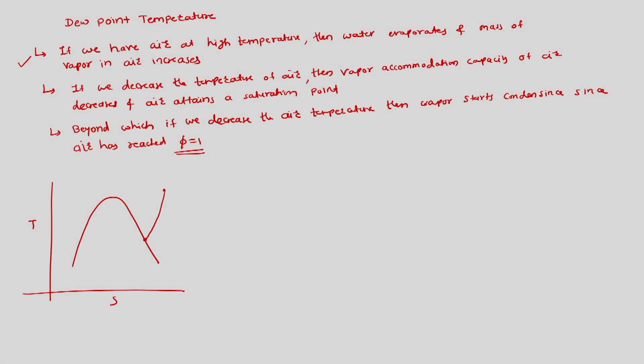And then we reach a state where we reach the saturation vapor point of that pressure. So that saturation vapor point would give us the saturation temperature, which is called dew point temperature. Okay, so the dew point process is at constant pressure and we are attaining phi is equal to 1, which is leading to condensation.